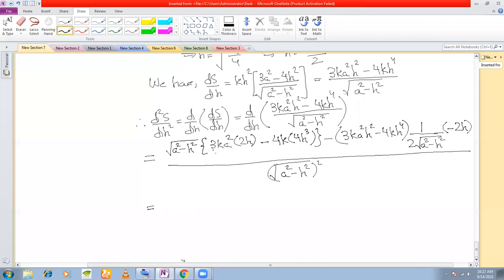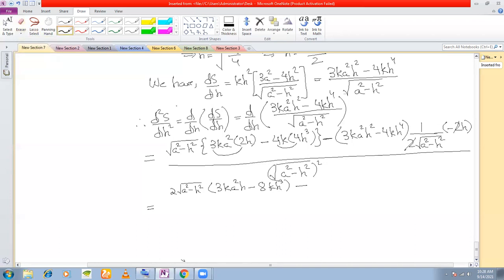What you can do is, if you see, if you multiply, you have a 2 here and you have a 16 here, right? So you can take 2 out. If you take 2 out, you will have to take the LCM also in the next step. So if you take 2 out, you will get 2 root a square minus h square into 3k a square h minus 8k h cube minus, and here this 2 and this 2 will cancel, and this minus sign here will combine with this minus sign to give you a plus sign.